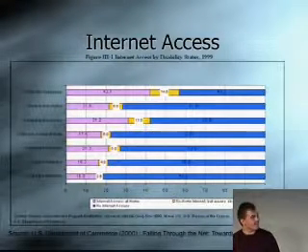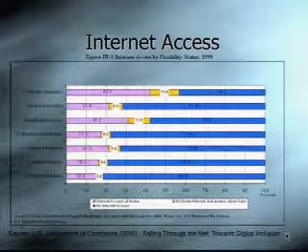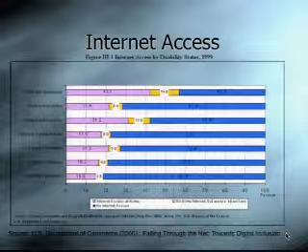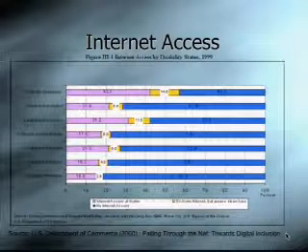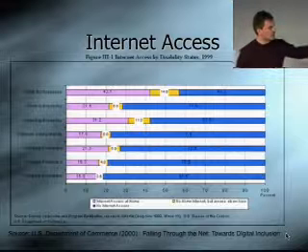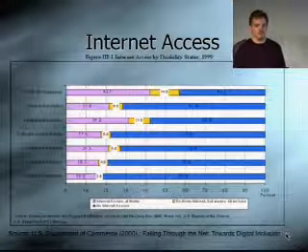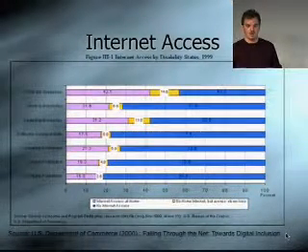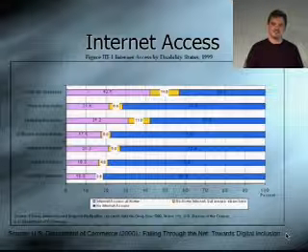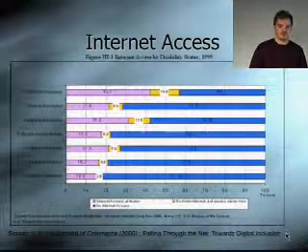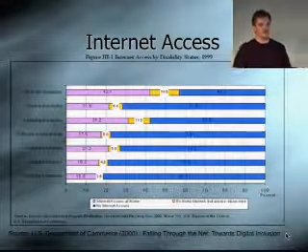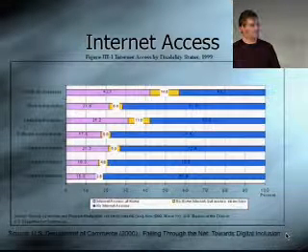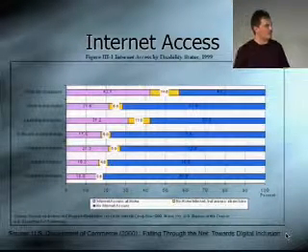Here is the internet access distribution. As you can see, the top graph is people with no disabilities. Purple represents computer access and internet access within the home. Yellow indicates internet access outside of the home, and blue indicates no internet access.